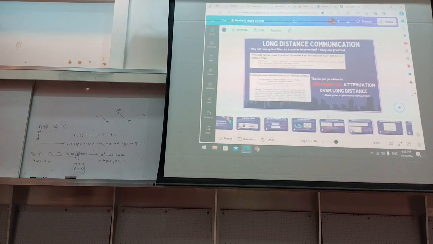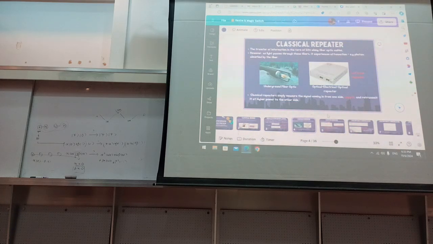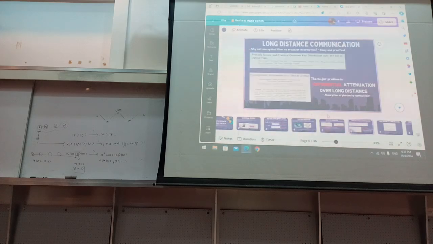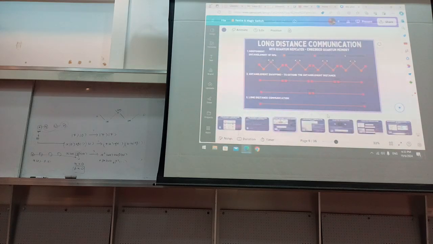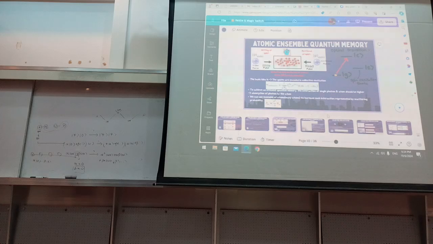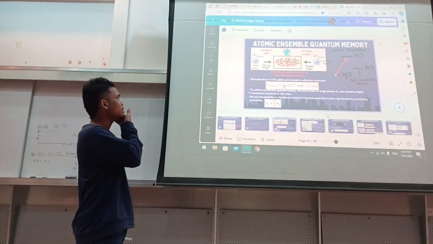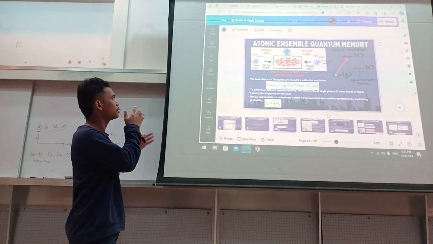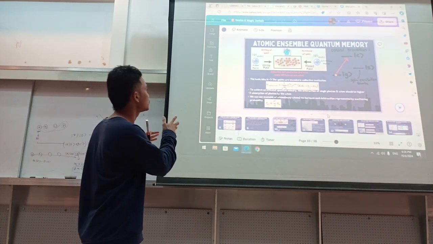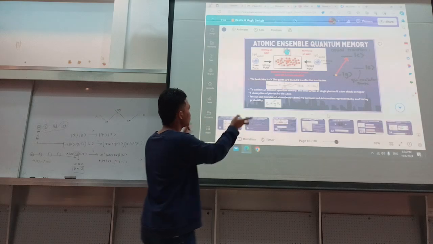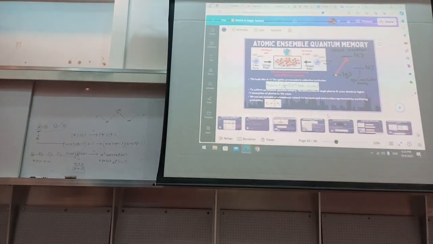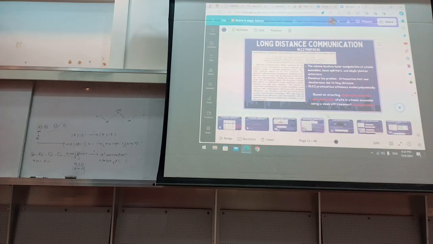Okay. So what we do is basically we impose the write pulse, and then this write pulse will transform the ensemble into a collective excitation state. So this collective excitation will be stored in the ensemble. Why?